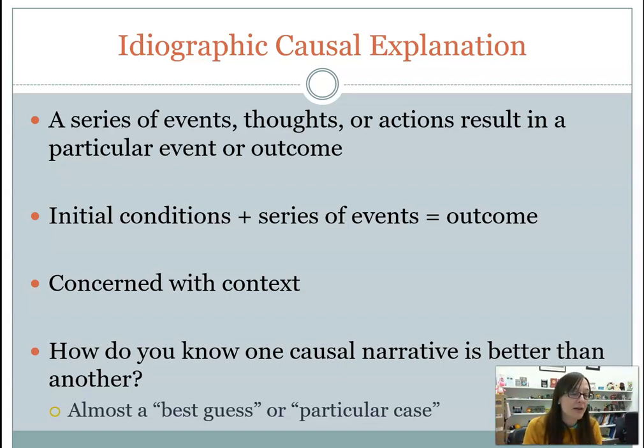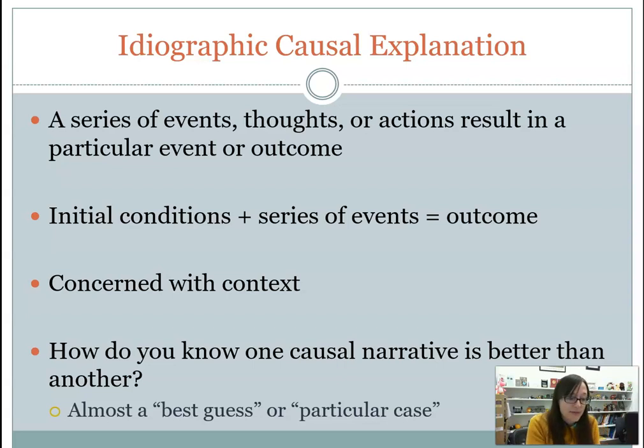But somebody else might look at that same case and say, well, there are biological factors at play, and this person had ADHD and maybe bipolar disorder or something like that, and those were what are related. It wasn't dealt with properly in their family, and that's what led to this. So there's really no way to know that any causal narrative is better than another.